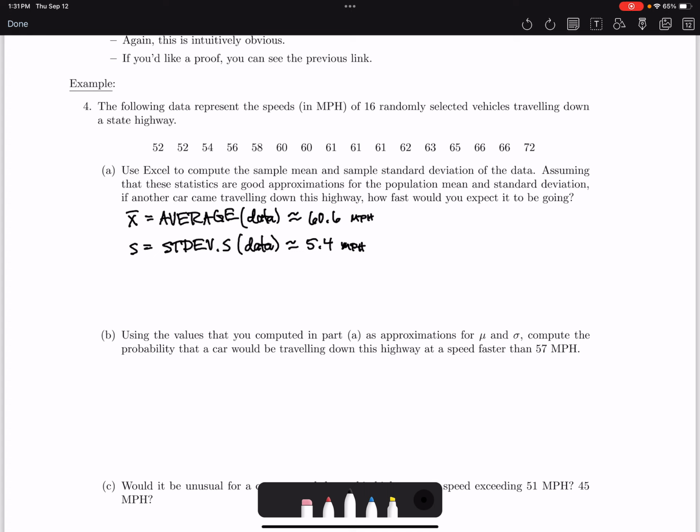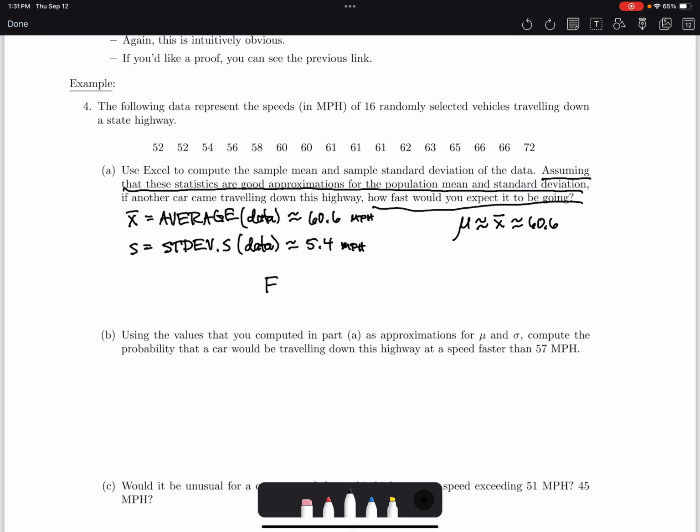Okay. Now, we're asked to assume that these statistics are good approximations for the population mean and standard deviation. In other words, we're asked to assume that mu is approximately the same thing as x bar, which is approximately 60.6. So we're assuming that mu equals 60.6. And then the question is, if another car came traveling down the highway, how fast would you expect it to be going? In other words, compute the expected value.